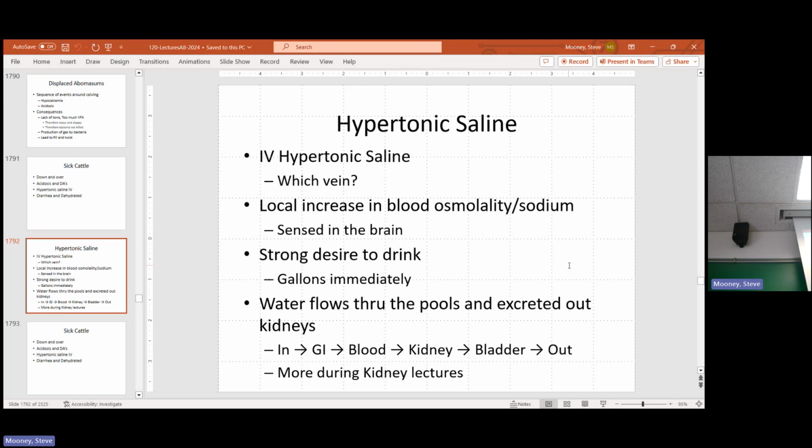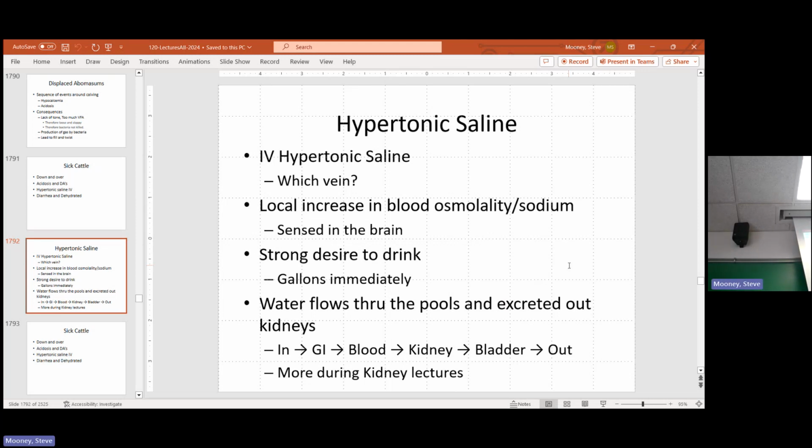That water is going to flow through the gut first, out into the blood, and eventually get to the kidneys, where you're going to have a lot of water coming out the other end for that animal. 10 gallons is a lot to consume in 5 minutes. That's 1/3 of what they usually drink in a day, in 5 minutes. Instead of 8 hours, 5 minutes.